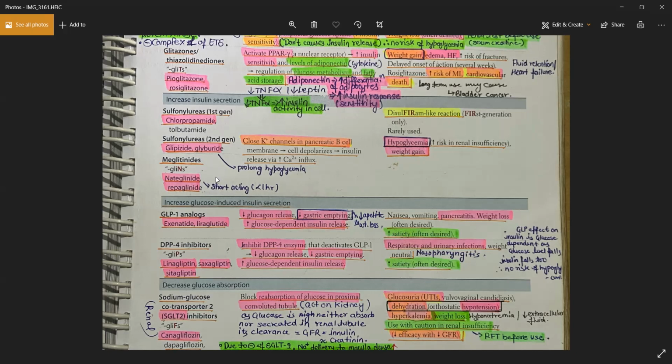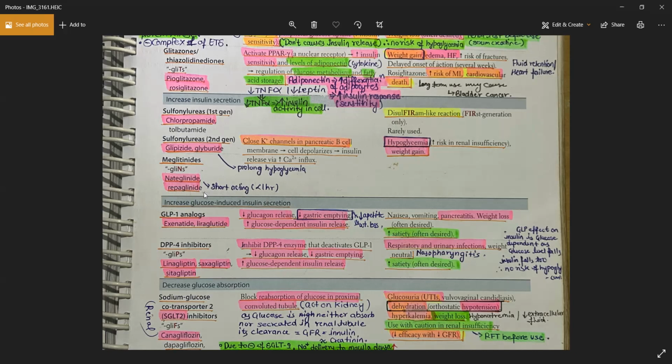If the patient has taken the glinide ones, repaglinide and nateglinide, these are the short-acting ones. Only one dose of glucose is sufficient to recover from the hypoglycemia. So Step 1 can give you a history of a patient who is having a high C-peptide level.